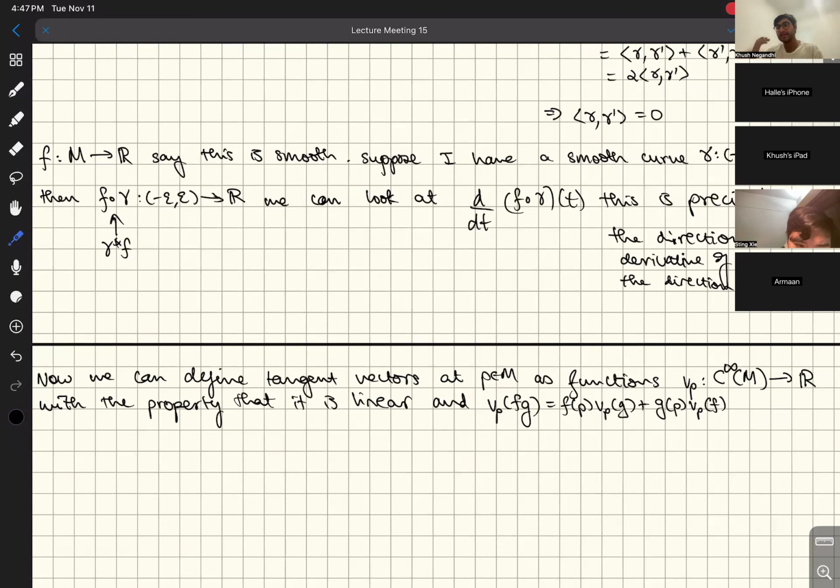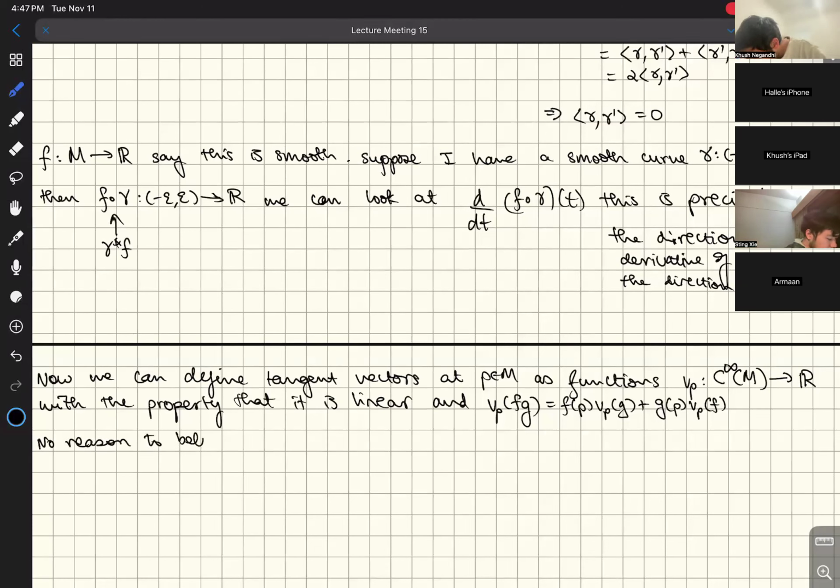So we're saying that tangent vectors at a point P are not actually arrows in space like they were in Rn, but rather they're linear functions on this infinite dimensional linear space that also satisfy the product rule. Now, there's no reason for you to believe that this thing is actually finite dimensional, right?